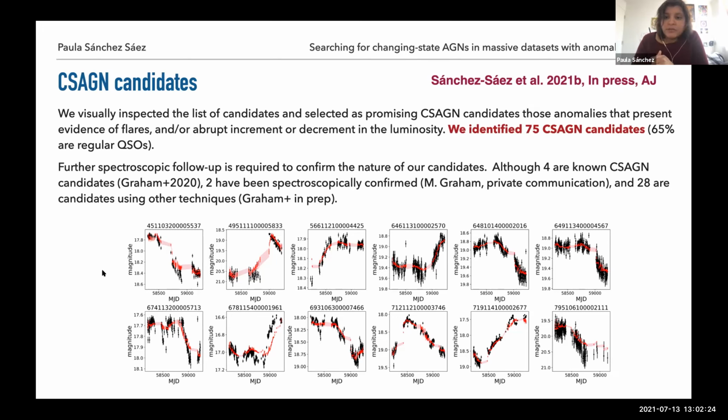But for the moment, we know that there are 4 sources that were in the original sample of Graham 2020, and also an additional 2 that were already confirmed spectroscopically. And there are 28 candidates in common with other techniques, and this is a work that Matthew Graham and collaborators are preparing.